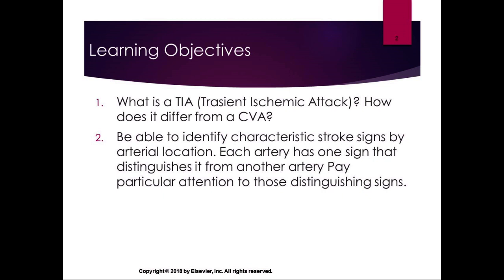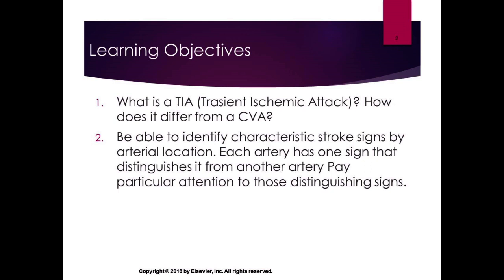I want you to be able to identify characteristic stroke signs by arterial location. We're going to talk about some of the major arteries and the characteristic stroke signs that identify a stroke involving that individual artery. Pay particular attention to those distinguishing signs.